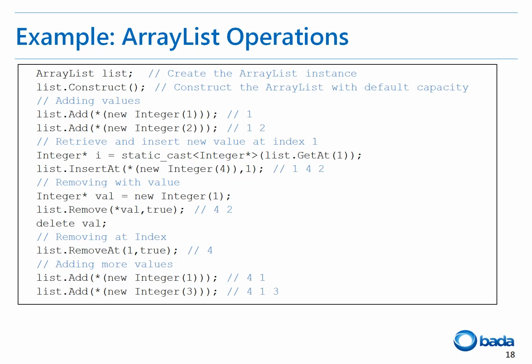In line 11, we remove and delete the object with value 1, resulting in the list holding the objects' addresses with values 4 and 2. In line 14, we remove and delete the object at index 1, resulting in the list holding the objects' addresses with value 4. In the last two lines, we're adding two integer objects with values 1 and 3, resulting in the list holding the objects' addresses with values 4, 1, and 3.